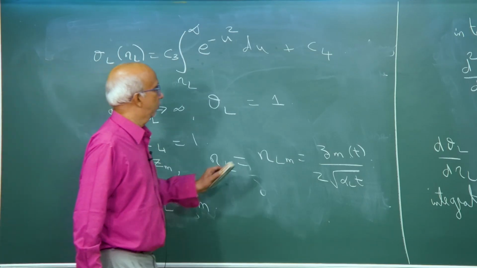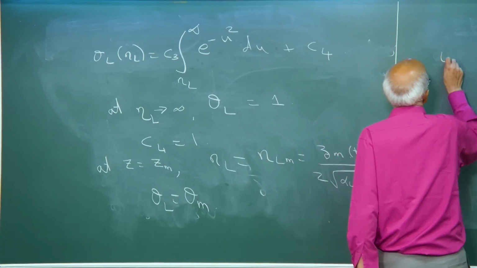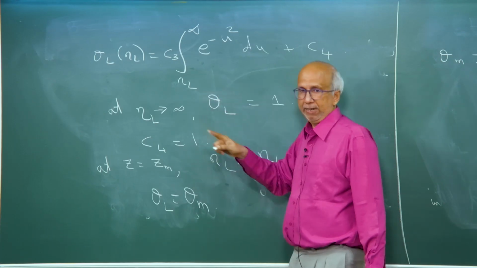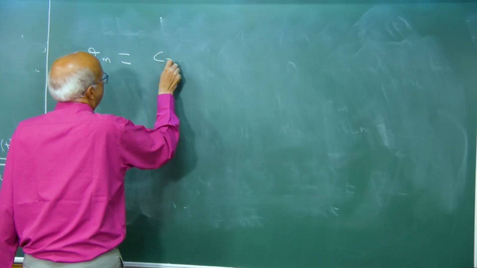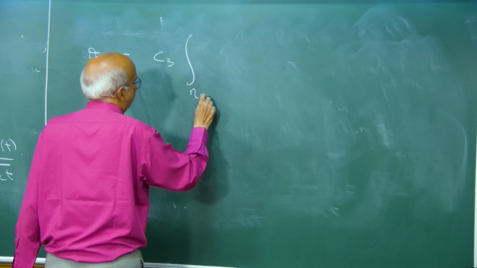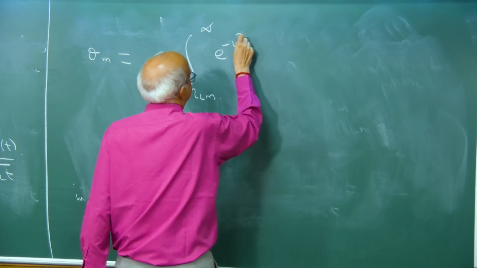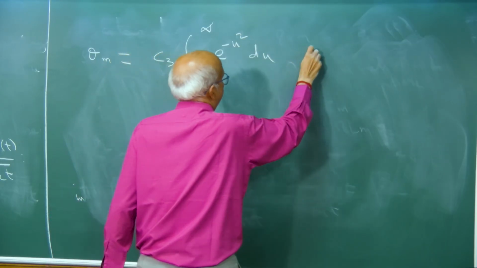So, I use this boundary condition and I get theta m equals C3 times the integral from eta Lm to infinity, plus 1.